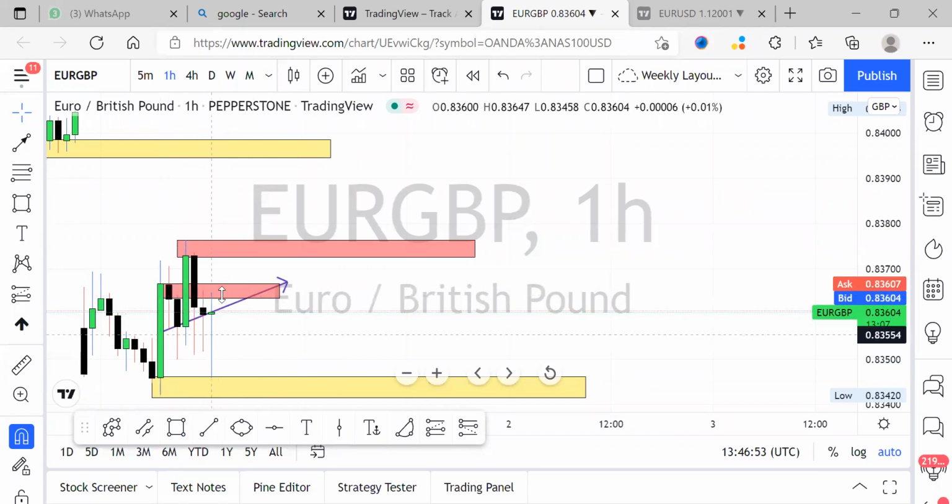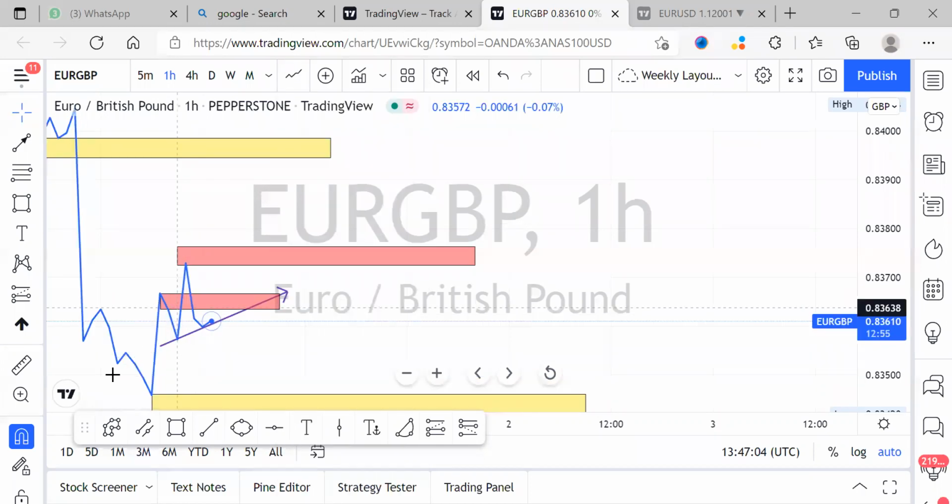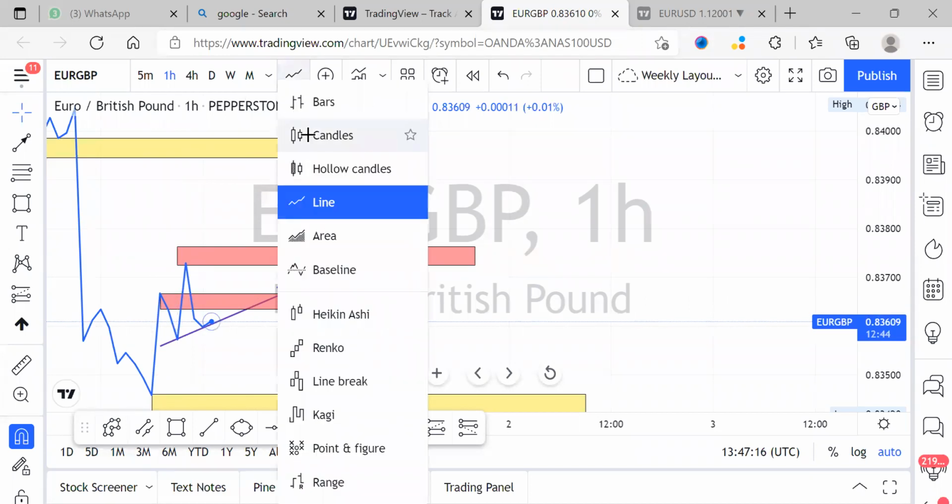All the other wicks went into that body, but nothing went above it. If I look at it from the line chart, the top of that line is where I've indicated from. So now go back to my candles.